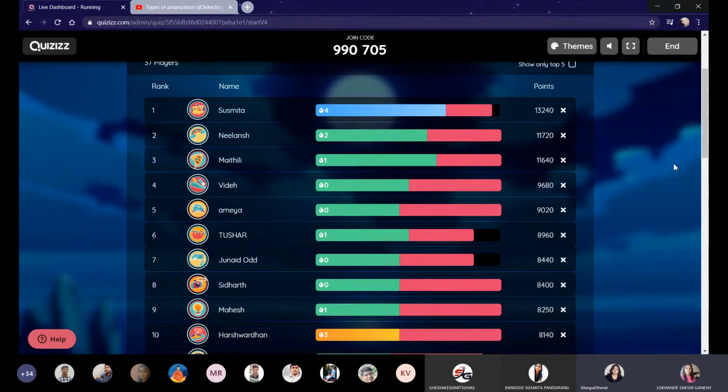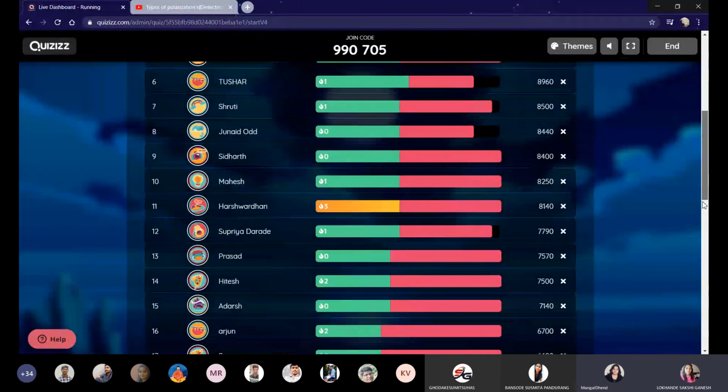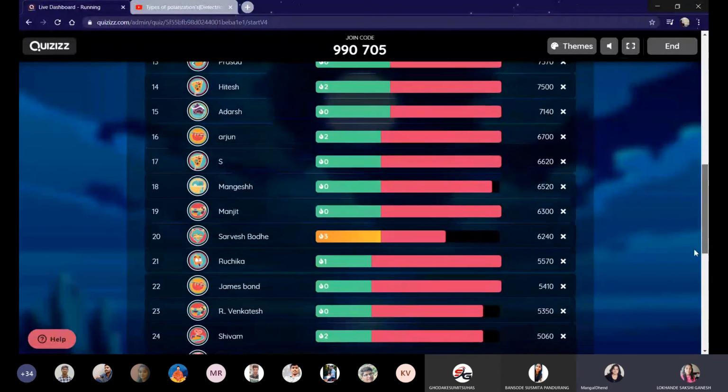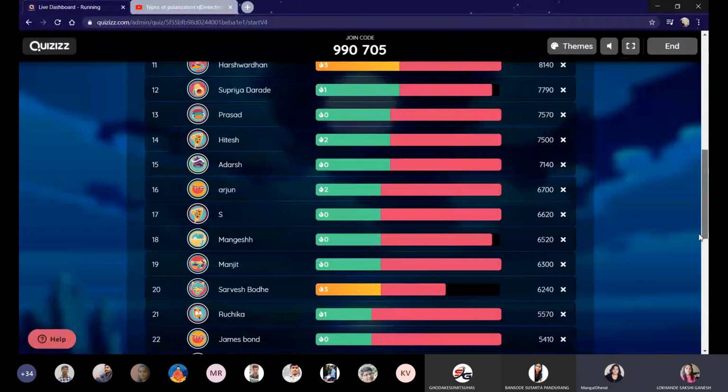Congratulations. Let us see now who will be first. Harshvardhan, scroll down. Sakshi, scroll down. Yes, ma'am. Below 10, you scroll down. Others, 15. What happened today? Venkatesh, Mangesh, good.